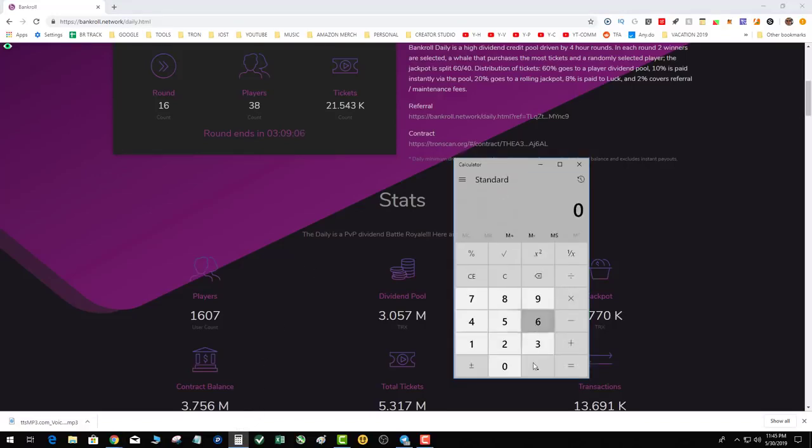So if we take 3 million and some change and multiply that by 0.02, we get 60,000 in divs paid out on a daily basis, and that is constant.